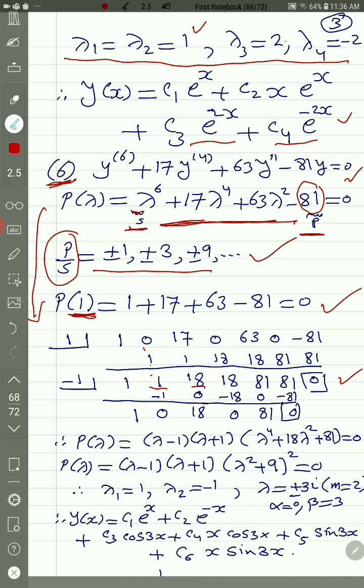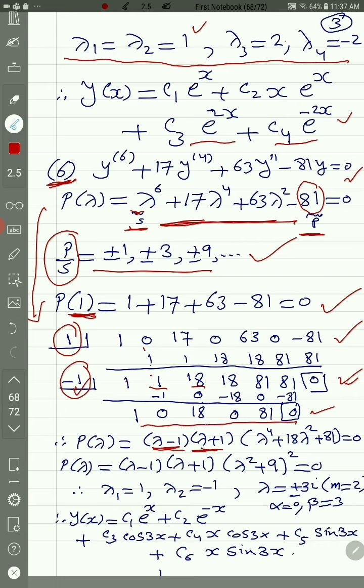In fact, I try the second, minus 1, and I get again 0. See, so this was 6th degree. This is 5th degree after. Now we get 4th degree of the polynomial. These are the roots here, now 1, and here the root minus 1, so it will give you this one.